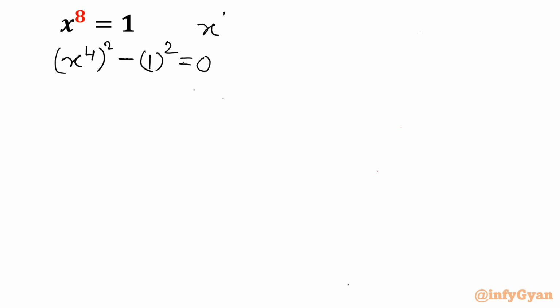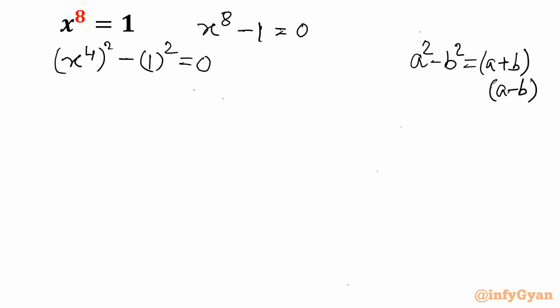So equation was x power 8 minus 1 equal to 0. Now difference of square formula, a square minus b square. We know it is parenthesis a plus b, a minus b. So that value will be x power 4 plus 1 and x power 4 minus 1.